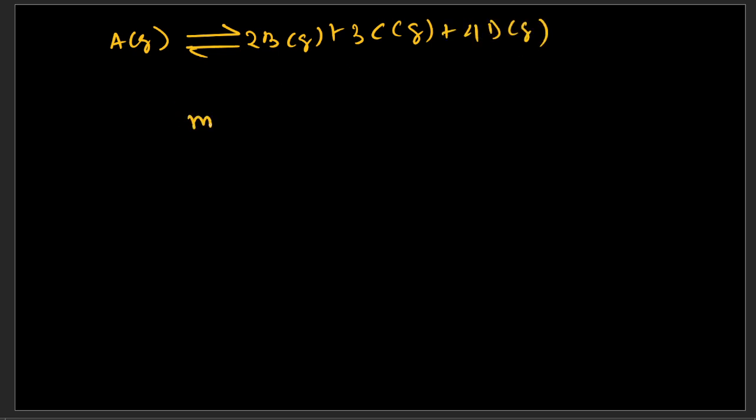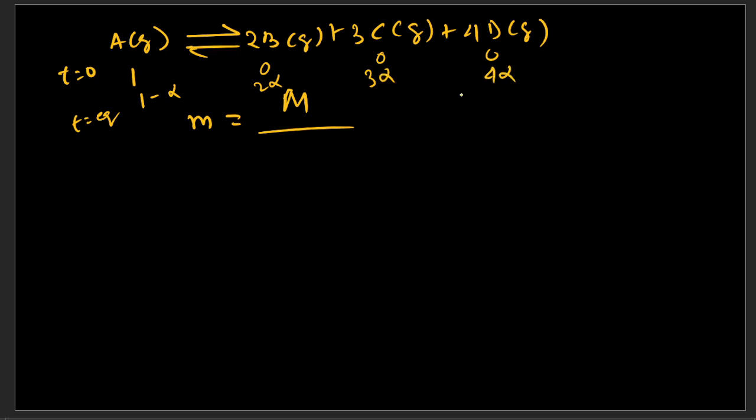So for this case, M equals the real mass divided by the total number of moles. At T equal to 0, this is 1, and the others are 0, 0, 0, and at equilibrium, this is 1 minus alpha, this is 2 alpha, this is 3 alpha, this is 4 alpha.